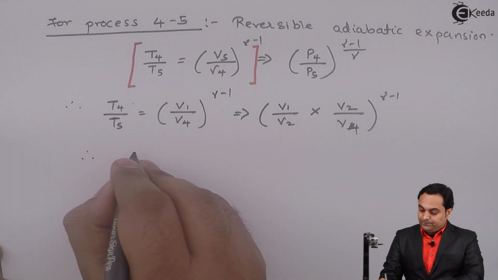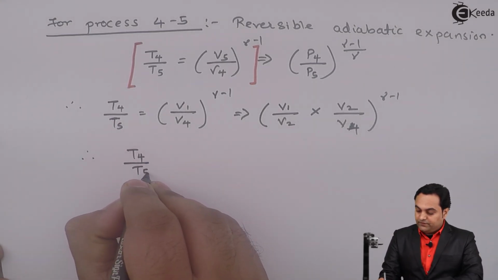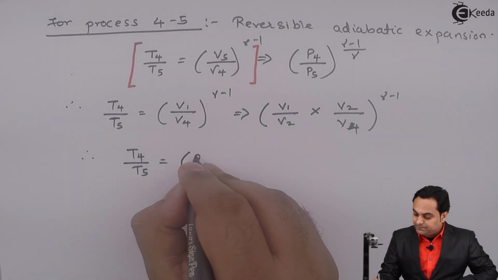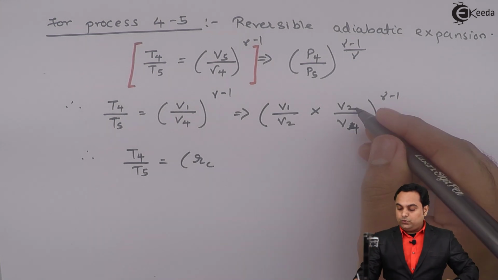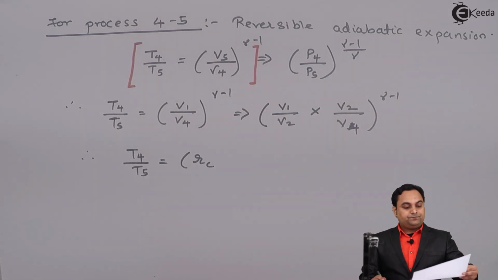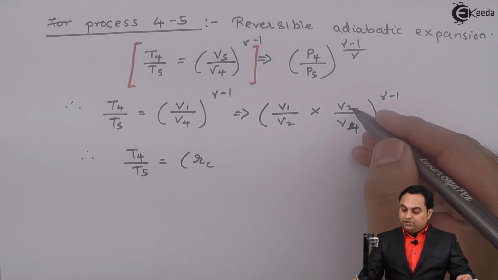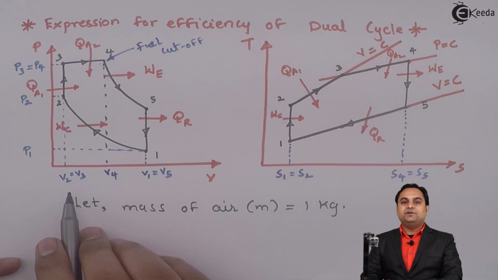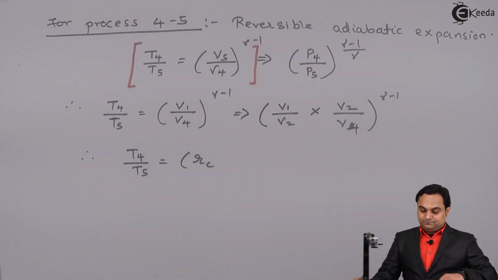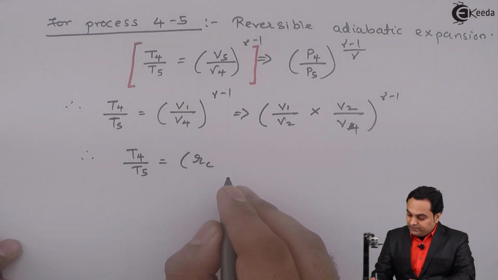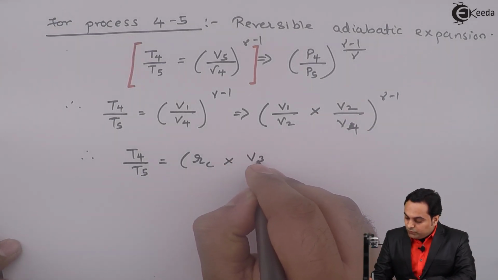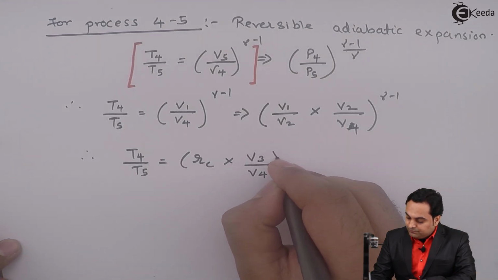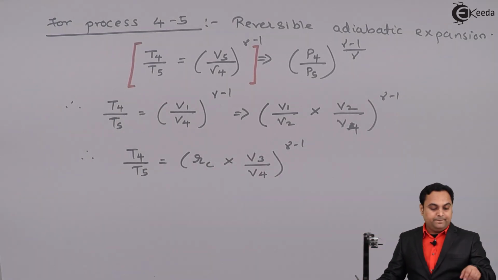So now therefore T4 upon T5 is equal to, now V1 upon V2, it is called as compression ratio denoted by RC. Next, V2 and V4. After this, here V2 volume at point number 2 is same as volume at point number 3. So next we can replace V2 with V3, and here it is raised to gamma minus 1.